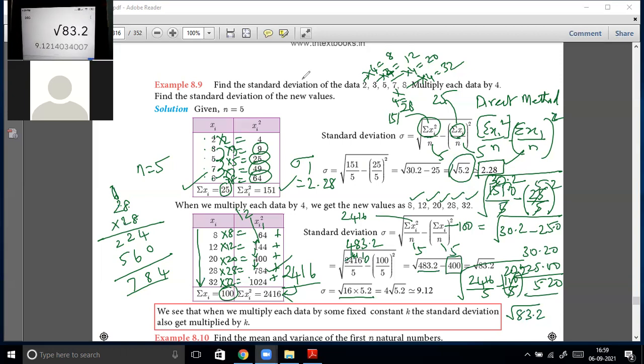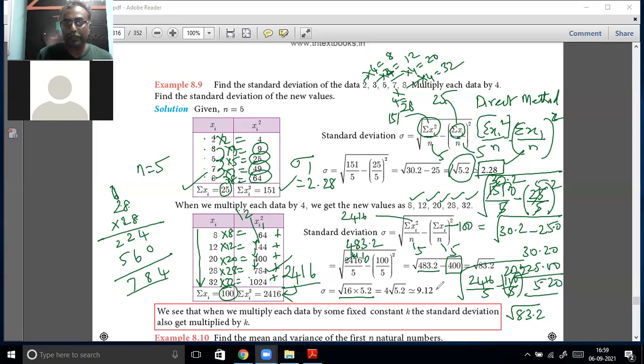Can you see the screen? Your calculator, what is it giving? 83.2, sir, square root. 9.12. That's all.